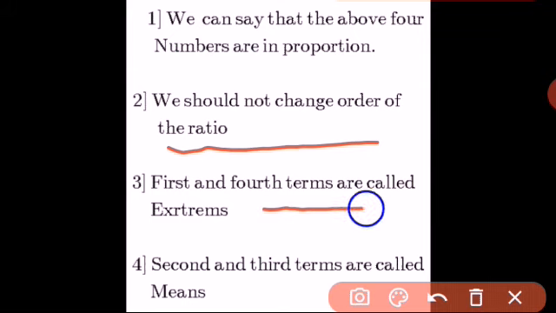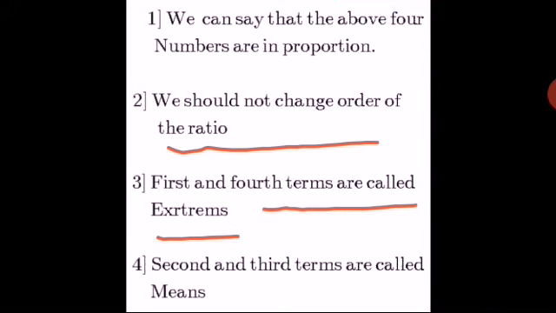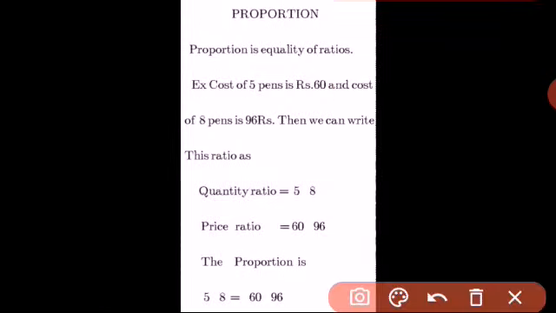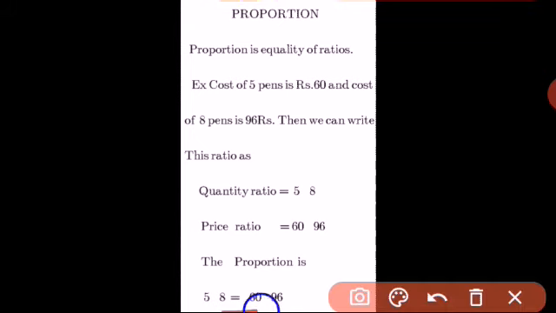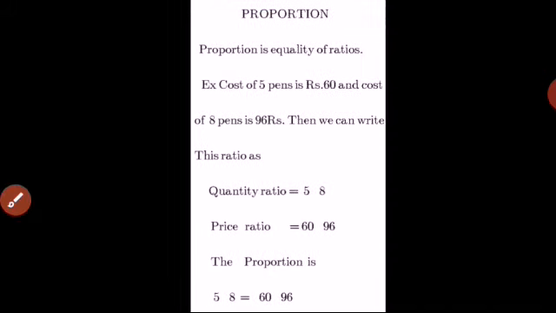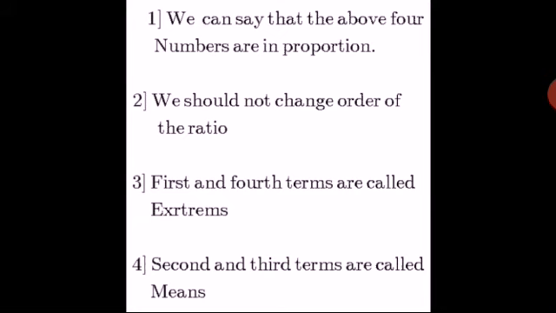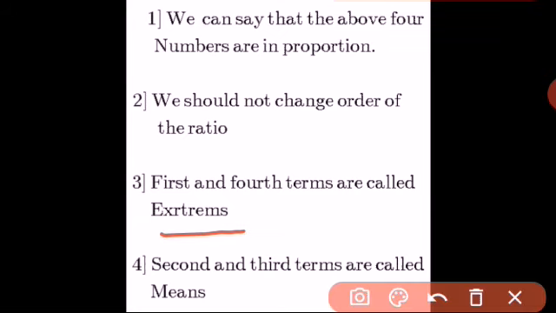The first and fourth terms are called extremes. So 5 and 96 are called extremes, and 8 and 60 are called means.